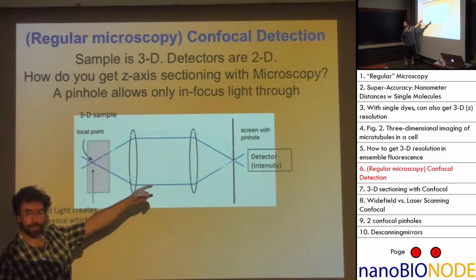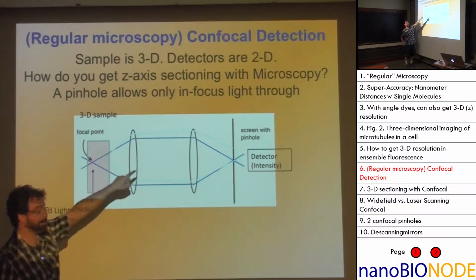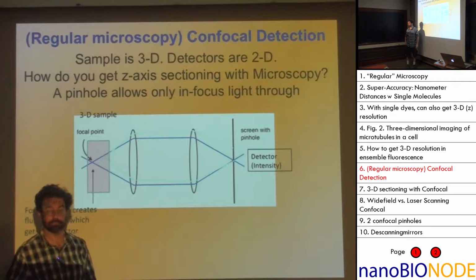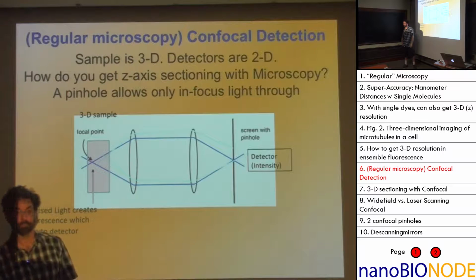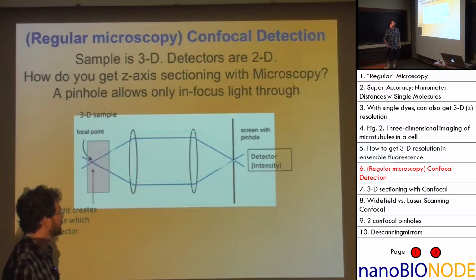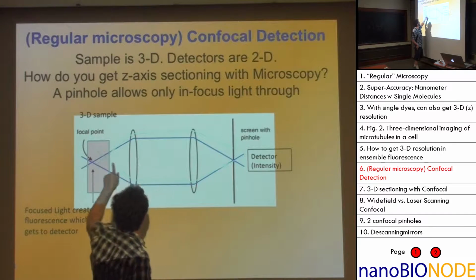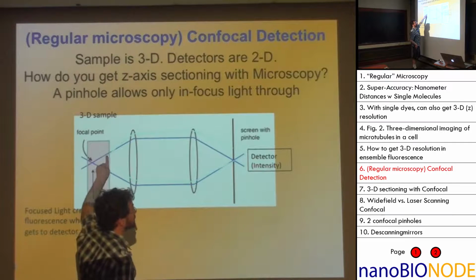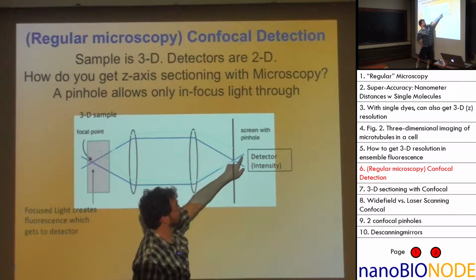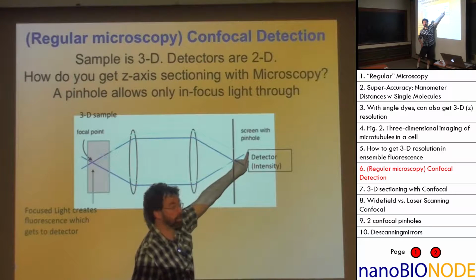Where, in fact, is this light? Where is it focused to? Behind the pinhole. This is going where? Yeah, right. Back there somewhere.